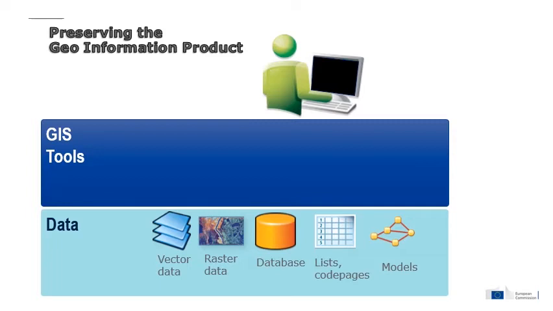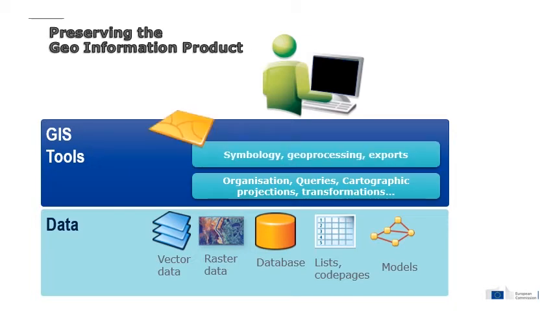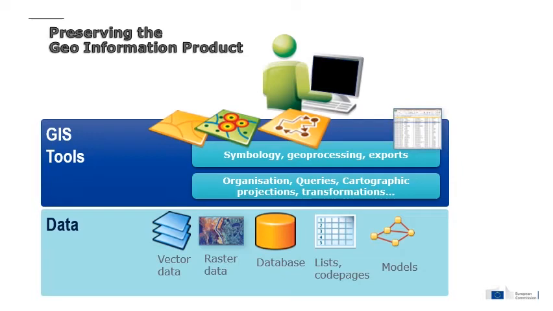And in GIS tools, we want to preserve how data was organized in a project or organized within the application to achieve the results, what kind of queries were used, what kind of cartographic projections were used, what kind of transformations were used in order to create the end product, and of course, what type of symbology was used to display it, which geoprocessing tasks were used, which exports were created to create the information products like heat maps or logistic routes or even lists.